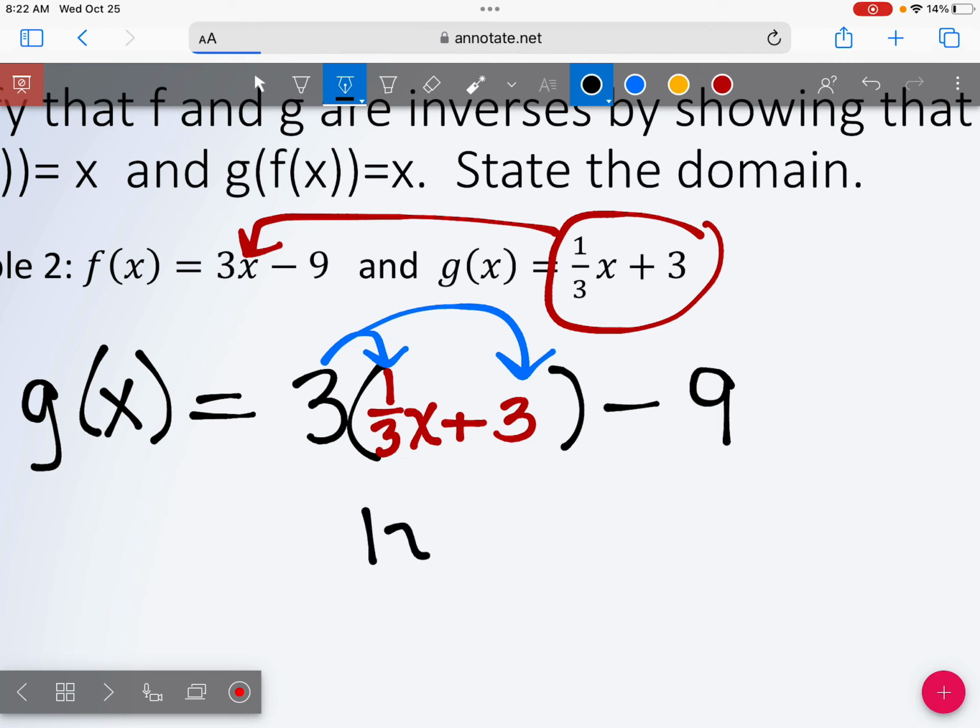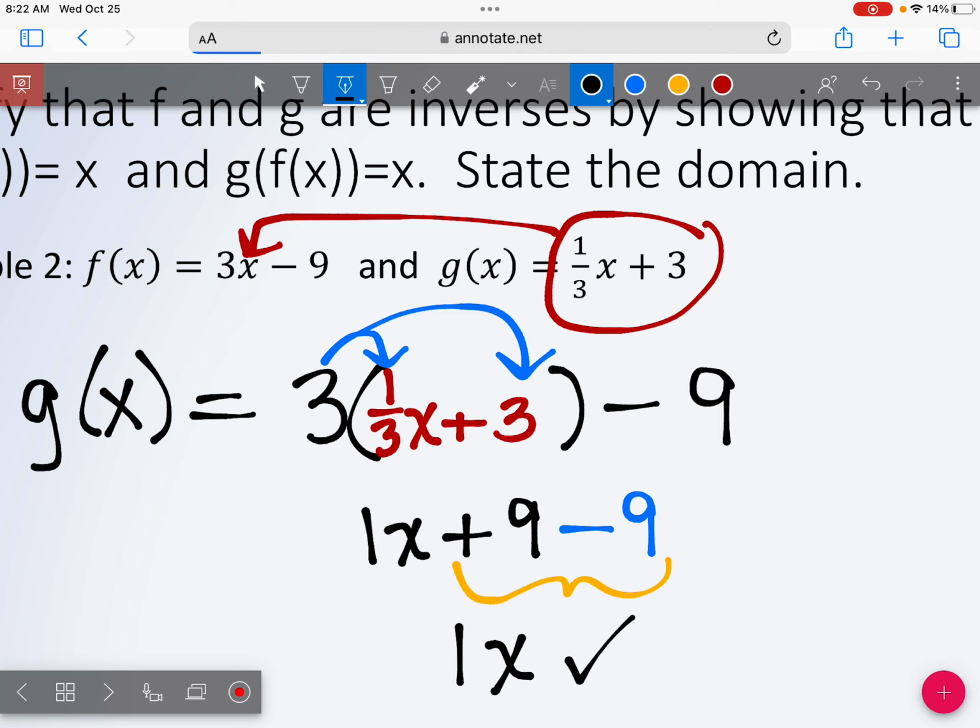So you have 1x, and then 3 times 3 is 9. Bring down that minus 9 that's on the outside. And when we combine our like terms, a positive 9 and a negative 9 cancel out. So I'm left with an x. Because I have an x, I know that f of x and g of x are inverses.